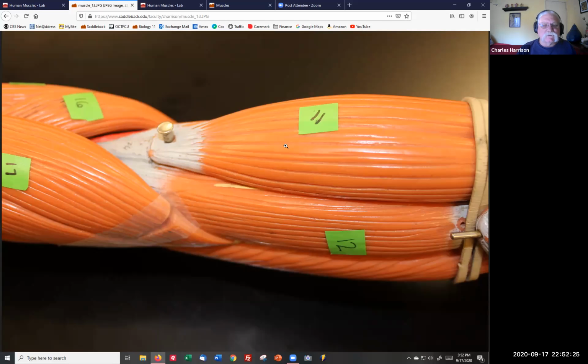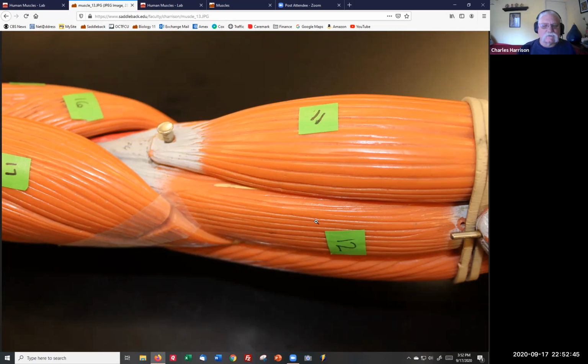It's the biceps brachii. The muscle underneath the biceps brachii is the brachialis. The brachialis extends all the way over to here, all the way over the other side. It runs completely underneath.